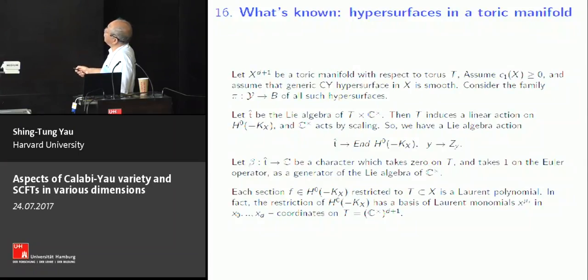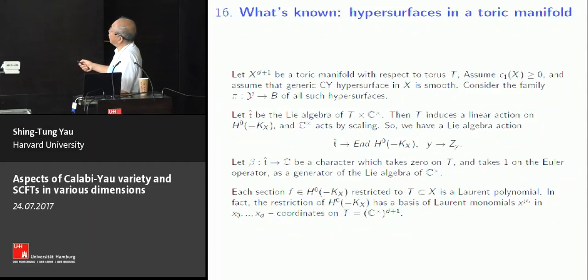We define beta, which is a character on this Lie algebra, which takes value 0 on the torus and takes 1 on the Euler operator. The Euler operator is the scaling operator coming from scaling. So this is the important character, beta.